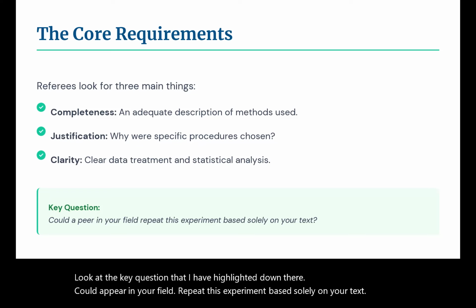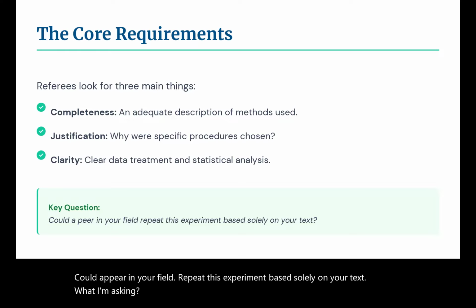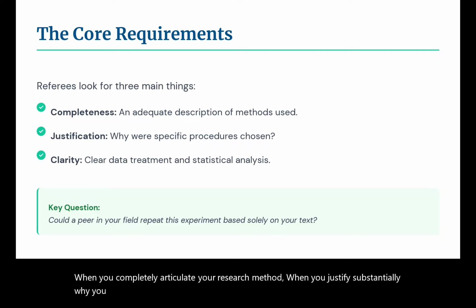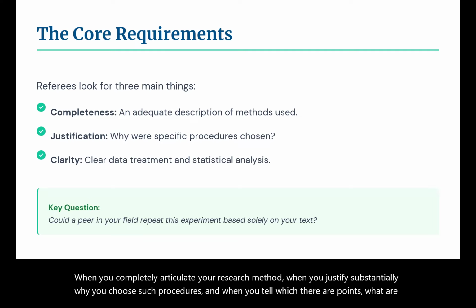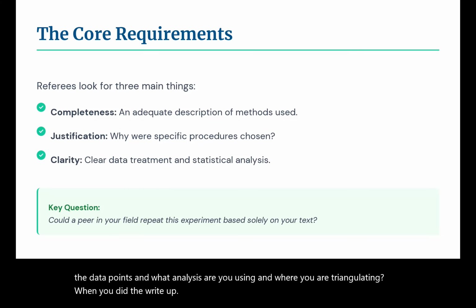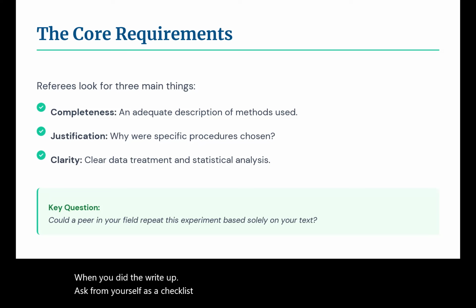What I'm asking is, when you completely articulate your research method, when you justify substantially why you choose such procedures, and when you tell what the data points are, what analysis you are using, and where you are triangulating, when you did the write-up, ask yourself as a checklist question: could a peer in your field repeat this experiment based solely on your text?